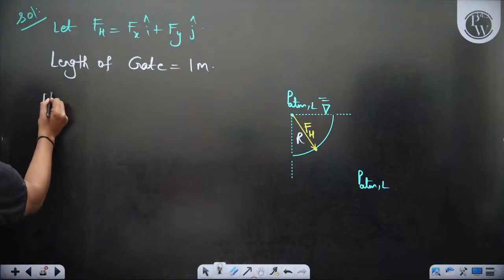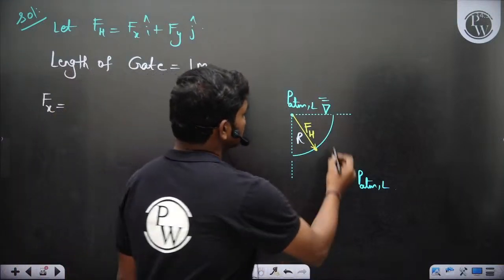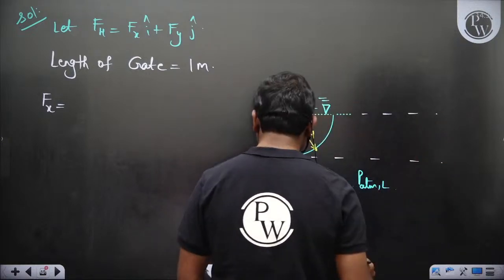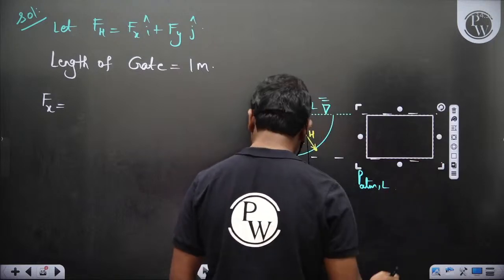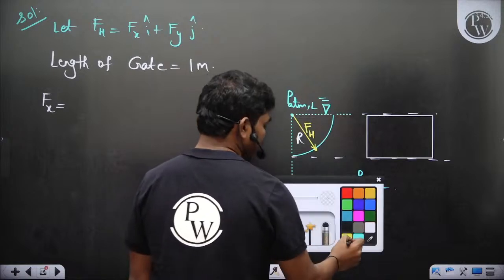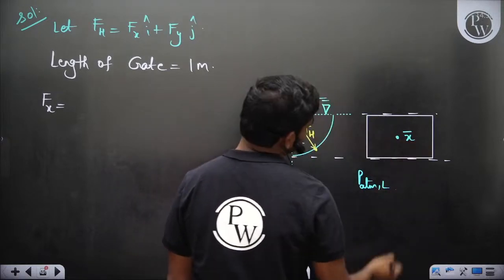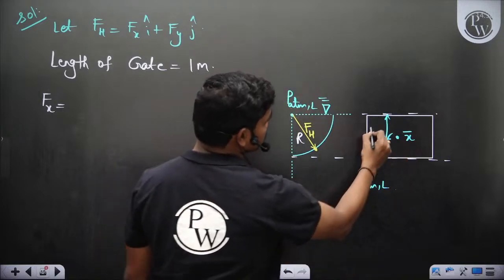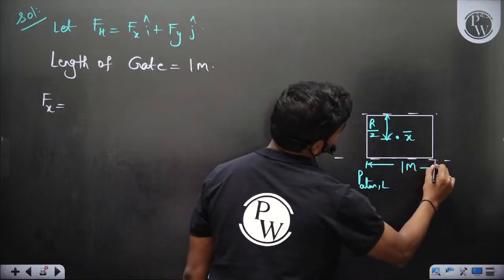Then Fx is equal to, so how do you calculate the hydrostatic component? If you take a projection onto a plane perpendicular to the x-axis, you would see a rectangle here, correct? This is how you would see the rectangle. Then if you mark the x bar of this, the height would be r by 2, since total is r, and this is 1 meter into the plane.